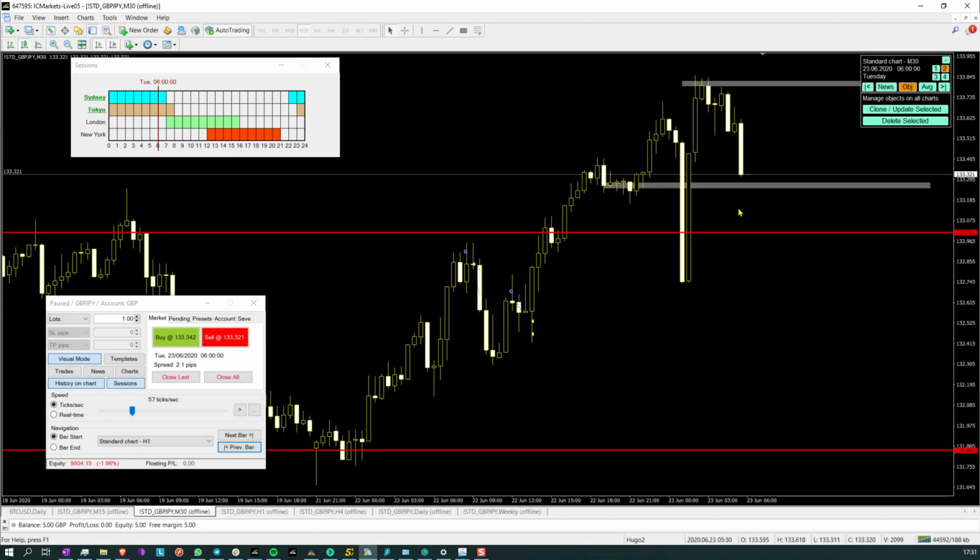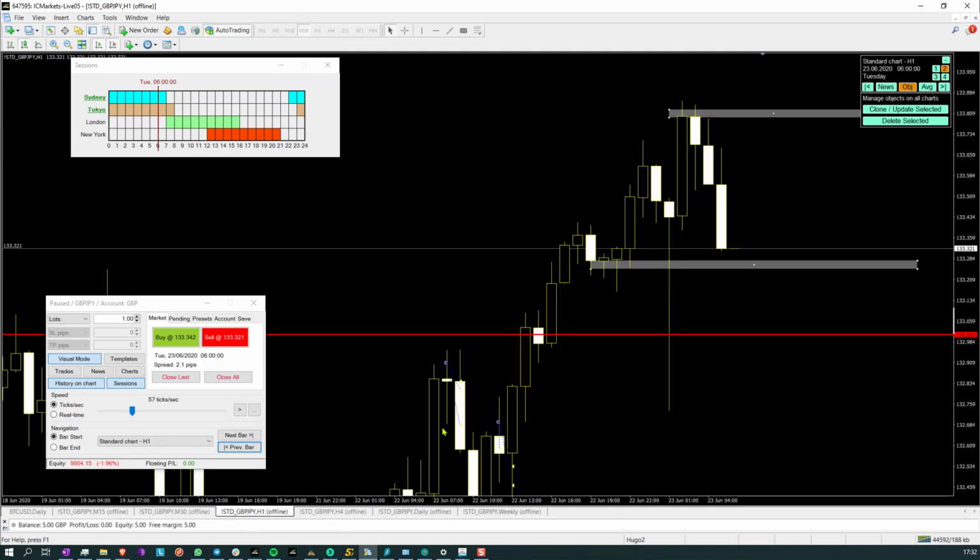On the M30, ooh, that's a huge rejection from the bottom. Huge. And we are about on the 50% here. Huge rejection, man. Fuck. So let's see if we get a. We're probably going to retest that high.